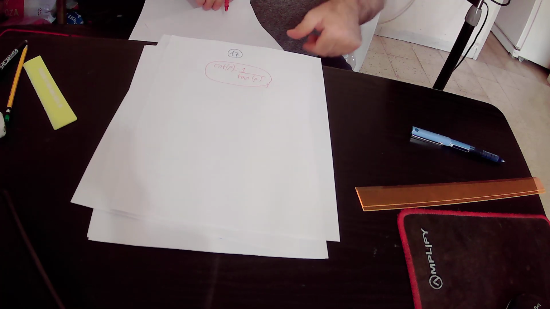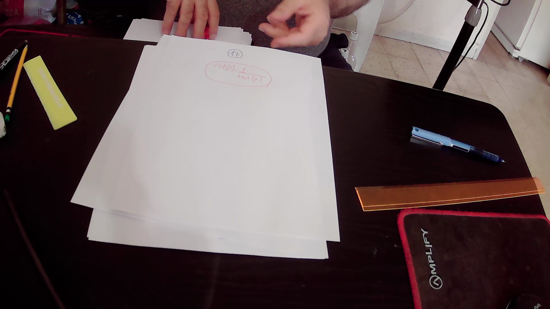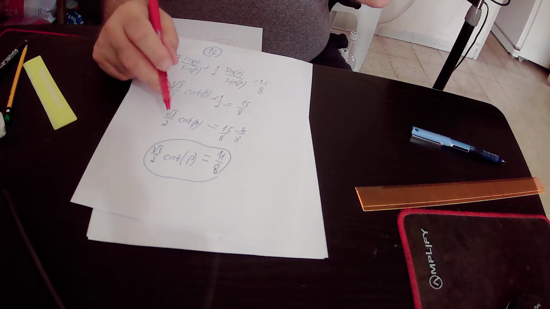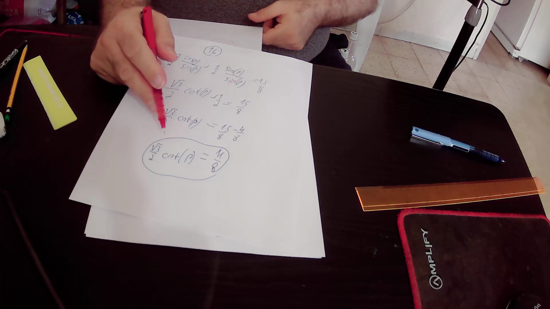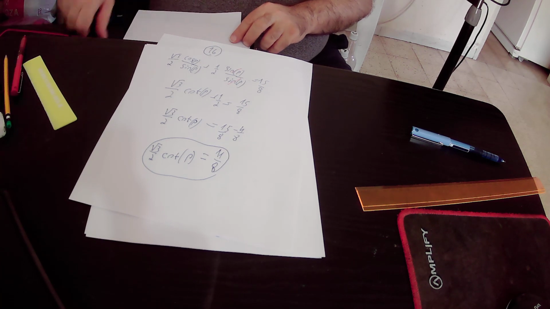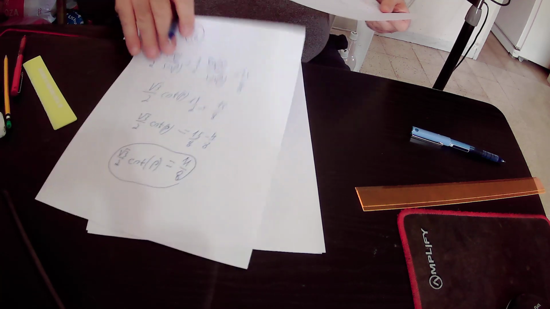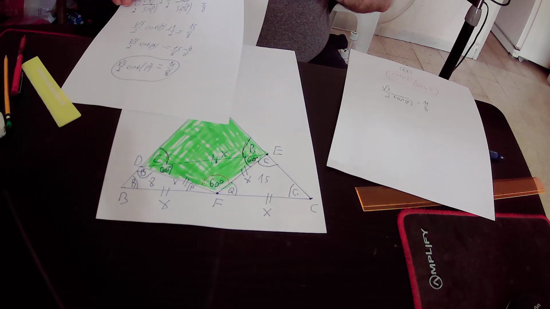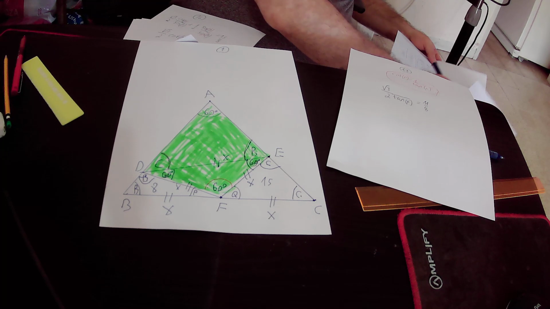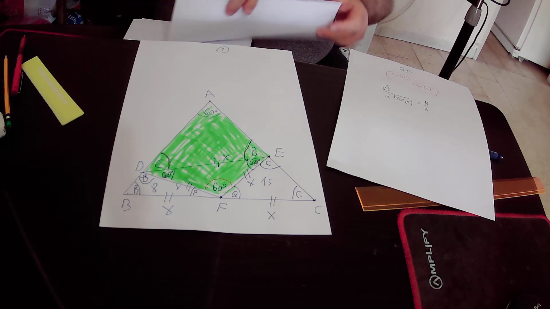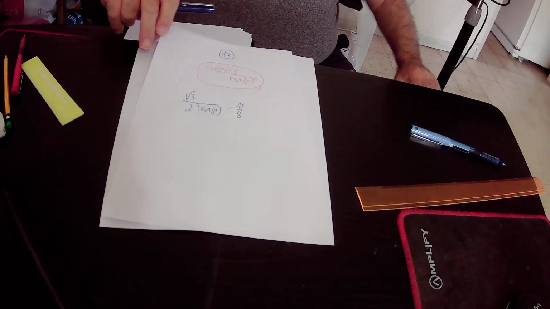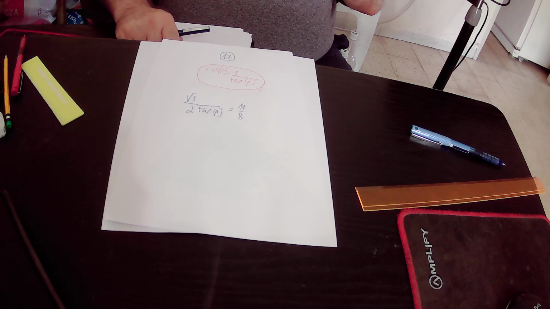We have a trigonometric identity that states that cotangent p equals 1 over tangent p, so we will substitute cotangent p in this equality by 1 over tangent p, and we will get that root 3 over 2 times tangent p equals 11 over 8.